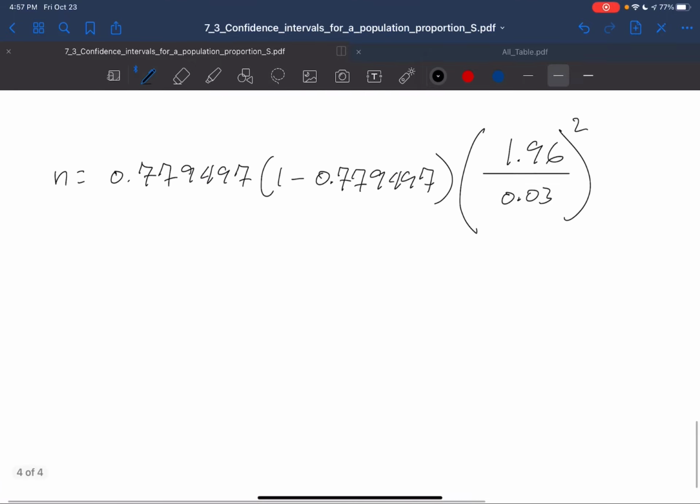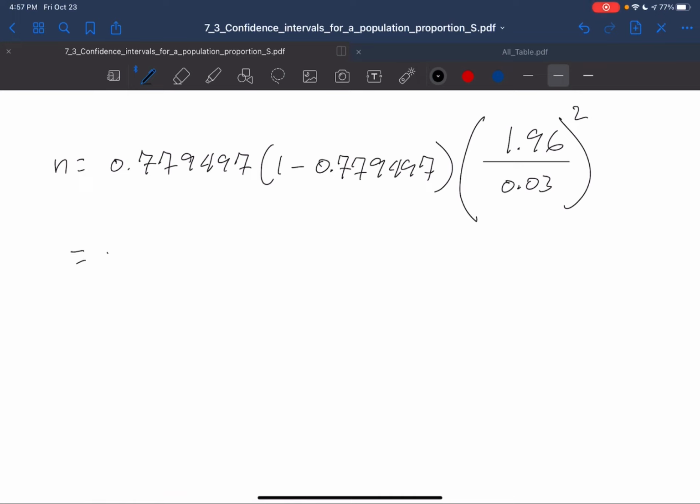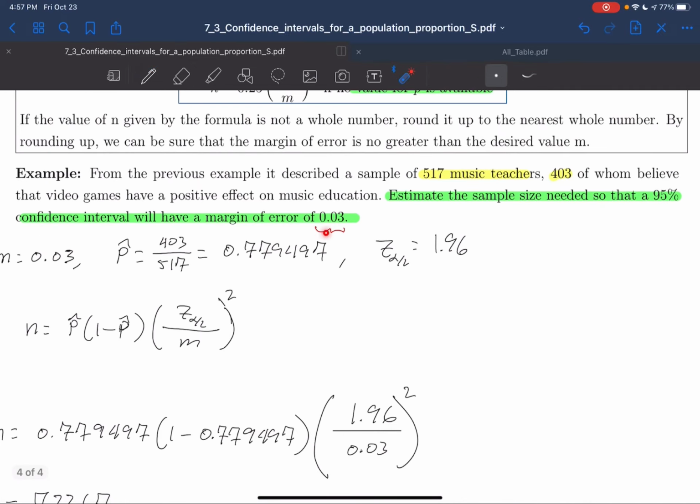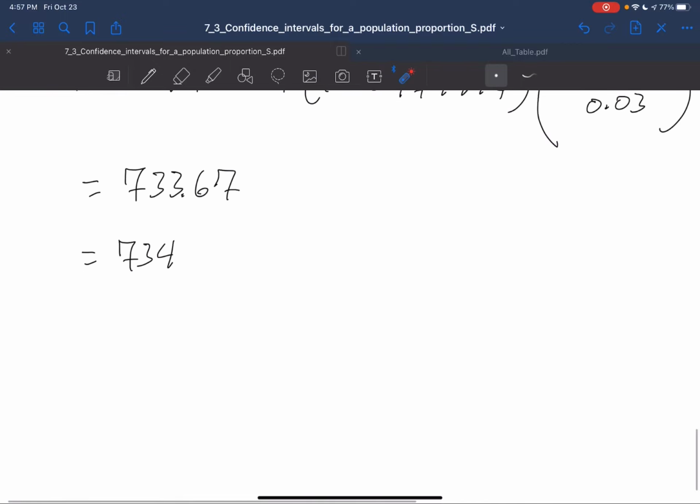If you put this in your calculator, this is going to be equal to 733.67. But since this is a decimal, we can't have a sample size of 733.67 people because we can't really cut people in half. That's why we always round up. So this is going to be 734. The sample size needed in order to have a margin of error of this value is about 734 people.